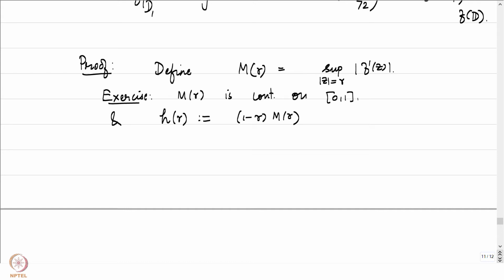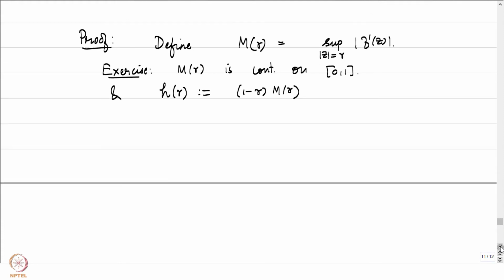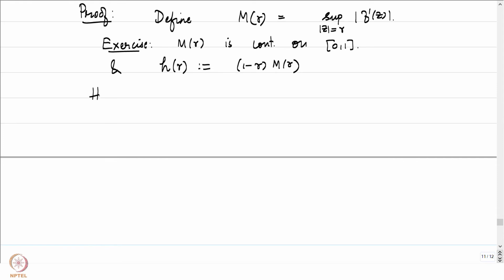Use the uniform continuity of f prime on the closure of the unit disk to prove that m of r is also a continuous function. And if you now look at h, h is also going to be a continuous function. What is h? h is m of r times 1 minus r. Hence h is continuous on 0 1.